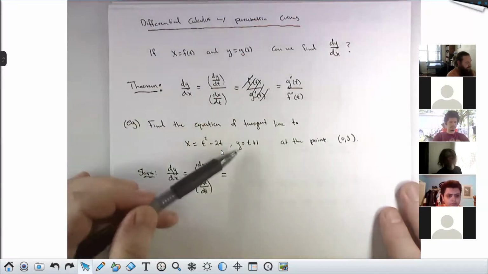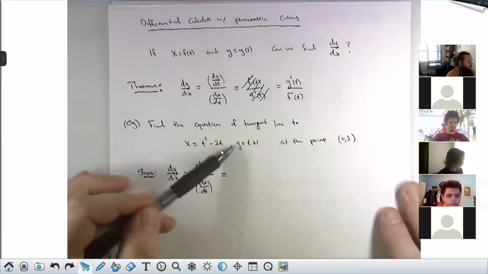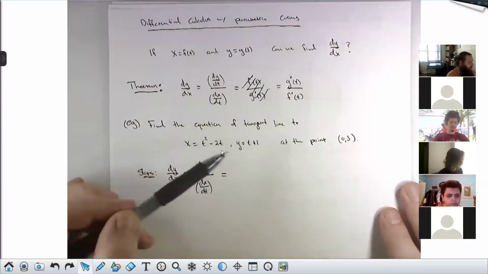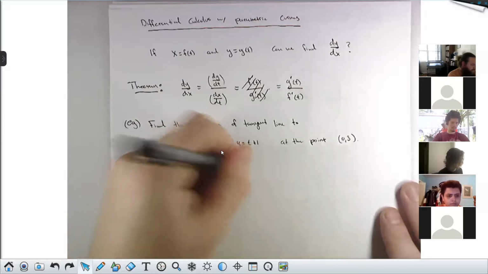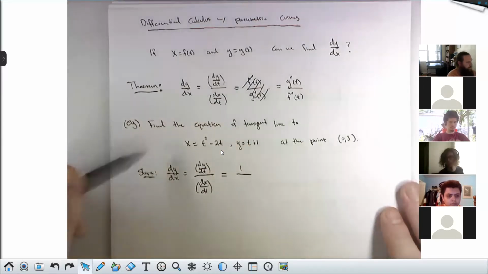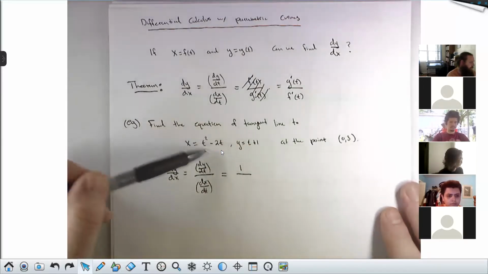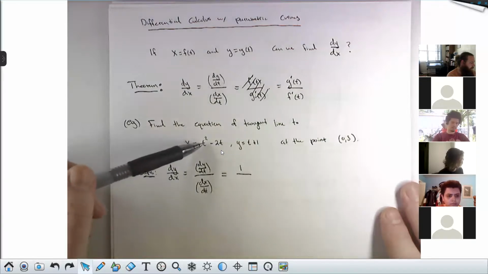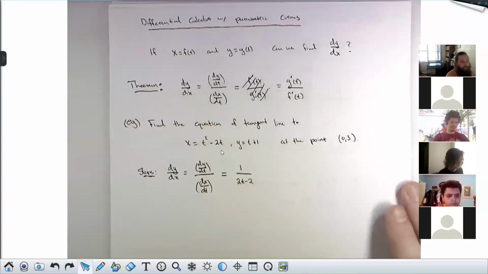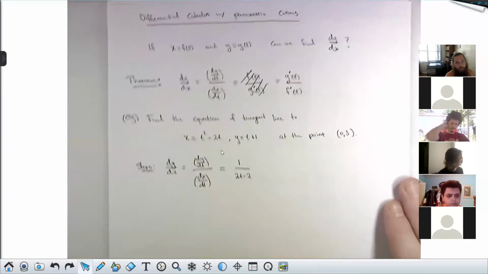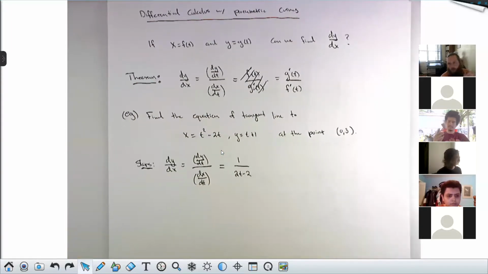So what is dy dt? If I differentiate this y function, the derivative of t plus 1 taken with respect to the variable t is 1 plus 0, or just 1. If I differentiate the x equation to find dx dt, I get 2t minus 2. This is all well and good, but it gives me dy dx as a function of t.